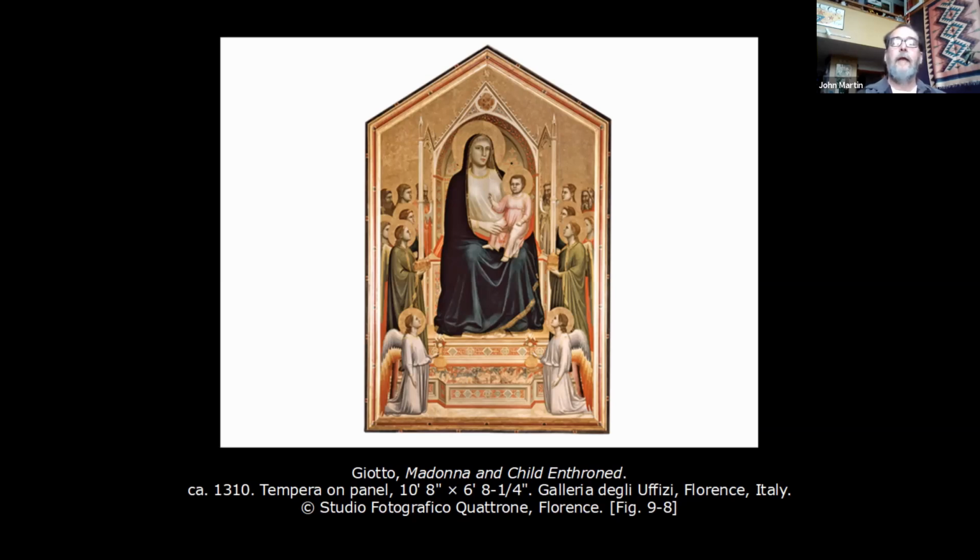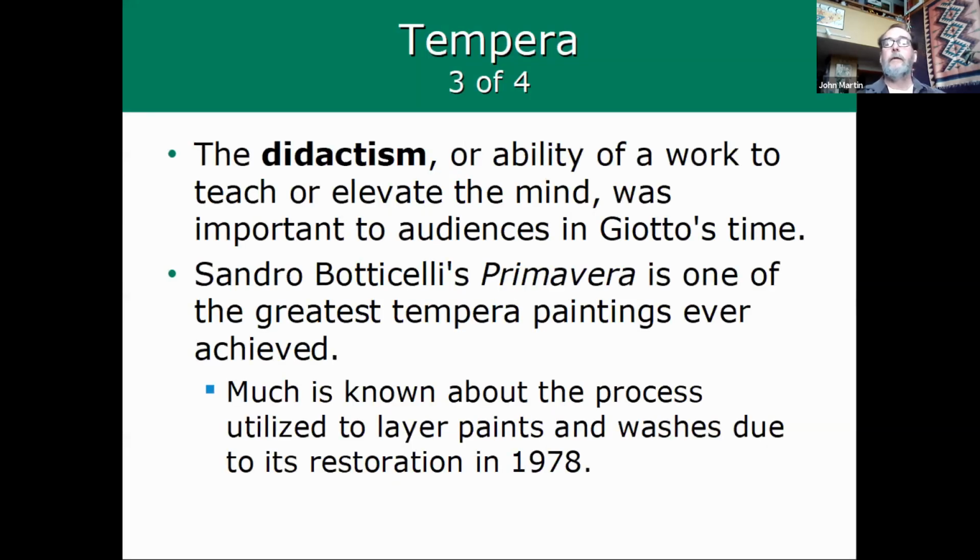The didacticism, or ability of a work to teach or elevate the mind, was important to audiences in Giotto's time. Sandro Botticelli's Primavera is one of the greatest tempera paintings ever achieved. Much is known about the process utilized to layer paints and washes due to its restoration in 1978.